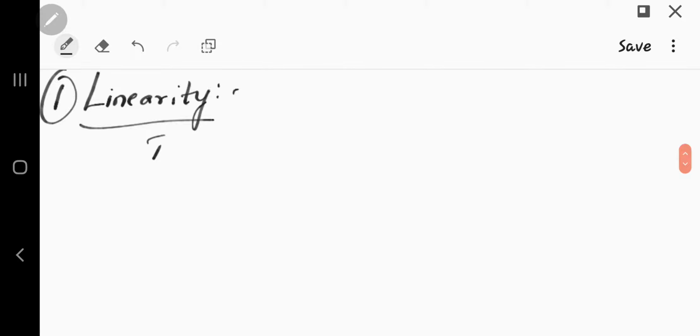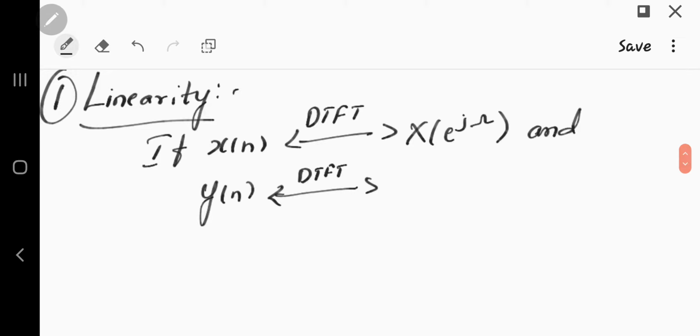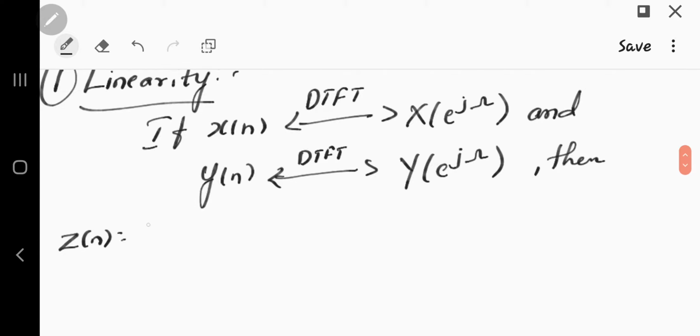The definition is like this: if x of n, performing the discrete time Fourier transform, gives X of e power j omega, and y of n gives Y of e power j omega, then z of n is equal to a x of n plus b y of n, where a and b are scaling factors.